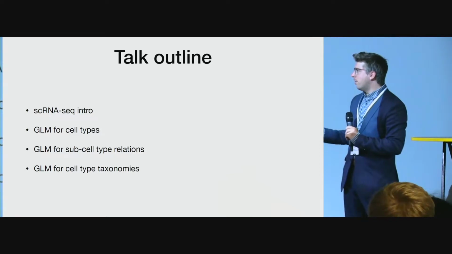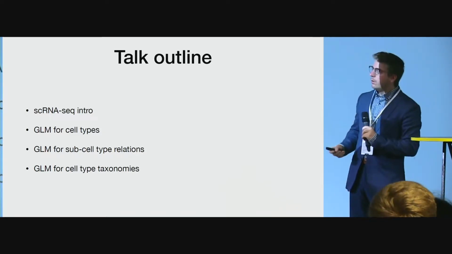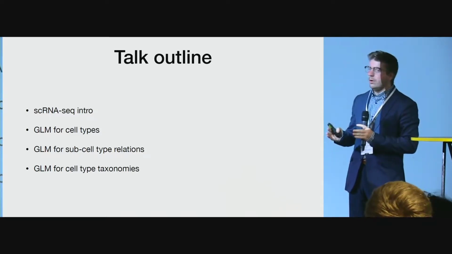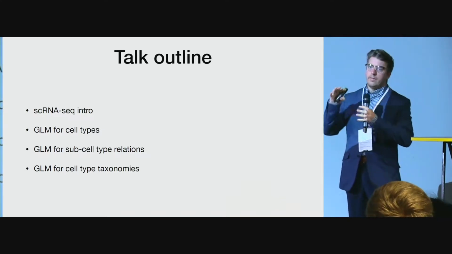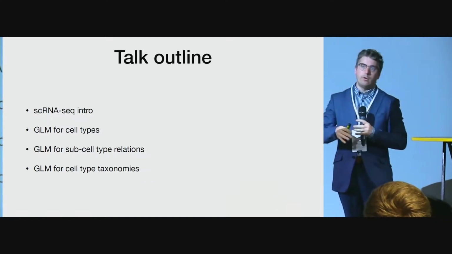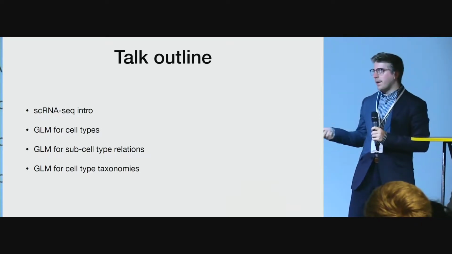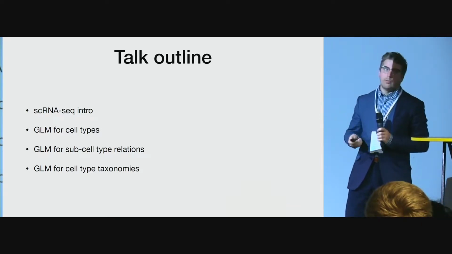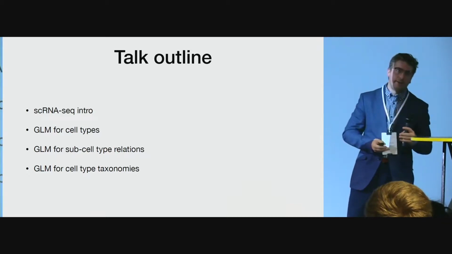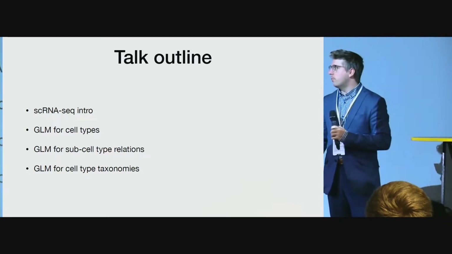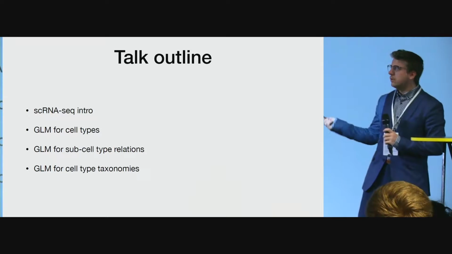And then I'll talk about why those are useful when you want to annotate cell types which are in a taxonomic hierarchical structure, and how that can be useful once you have an atlas. So this is forward-looking, like what would you do once you have an atlas.